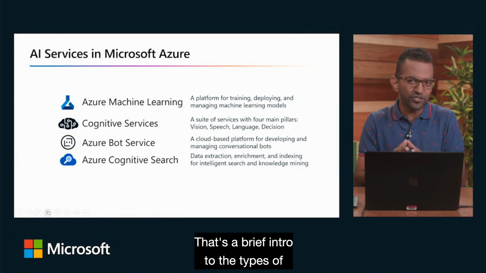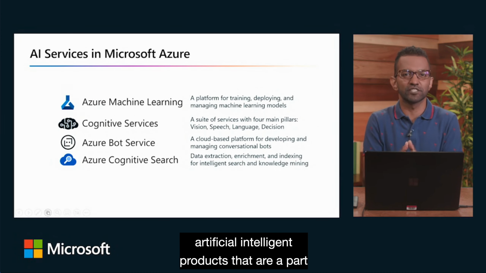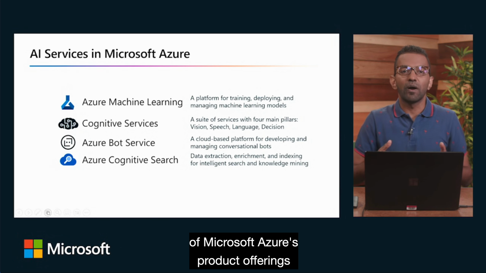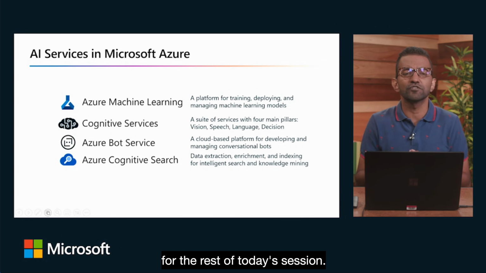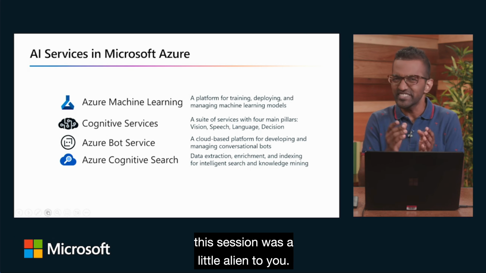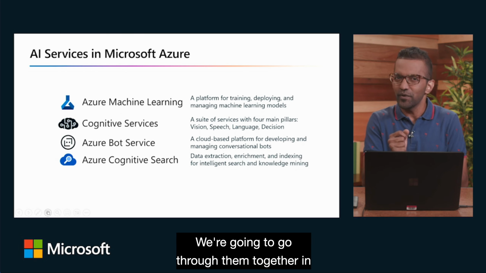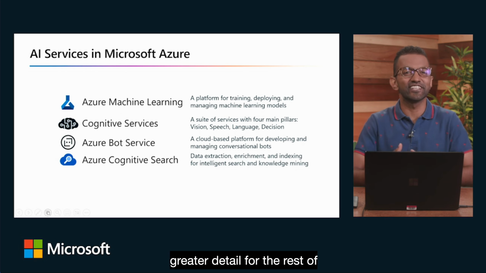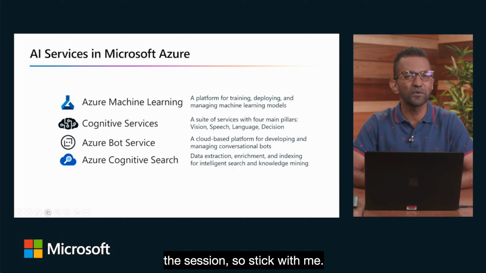And that's a brief intro to the types of artificial intelligence products that are a part of Microsoft Azure's product offerings that we will be discussing for the rest of today's session. Don't worry if some of what I shared on this session was a little alien to you. We're going to go through them together in greater detail for the rest of the session. So stick with me.